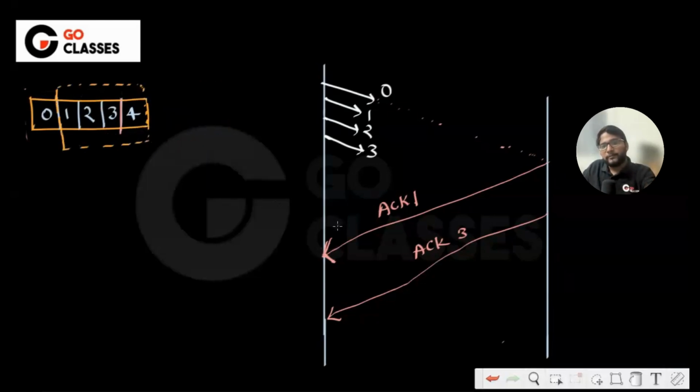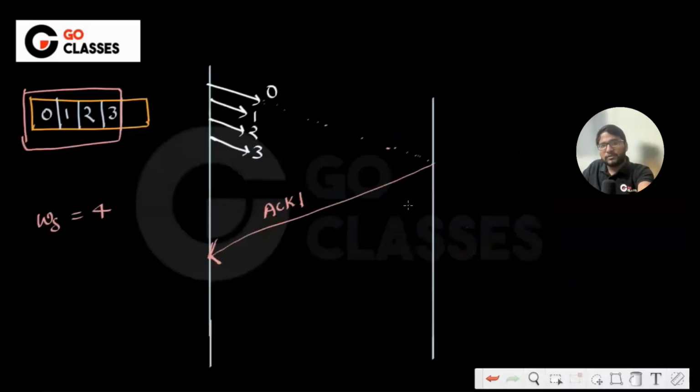See what is happening. Let me explain again. This was the initial scenario, right? Initially, I have 0, 1, 2, 3 in my window.